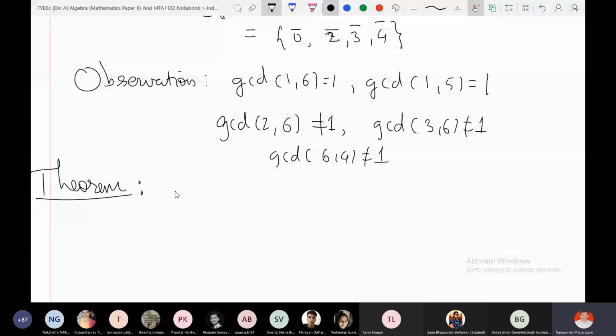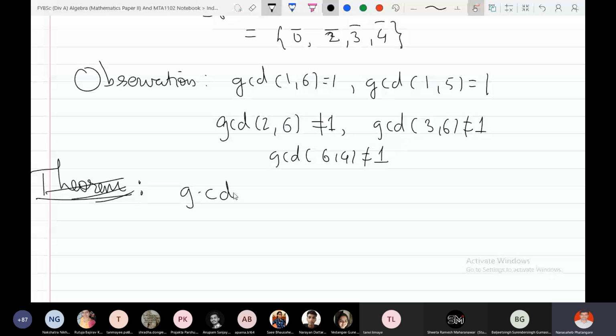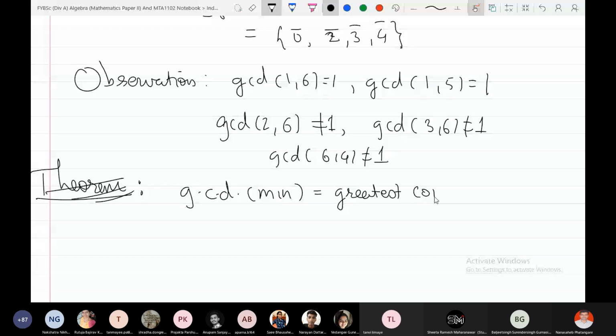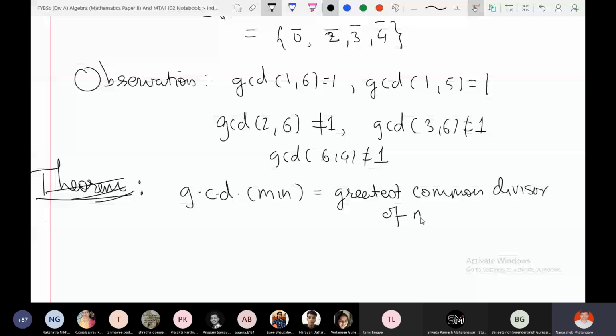Sir, GCD meaning? Greatest common divisor. GCD. You don't know GCD, right? You know what is GCD. Okay, sir. GCD of m and n is the greatest common divisor of m and n.